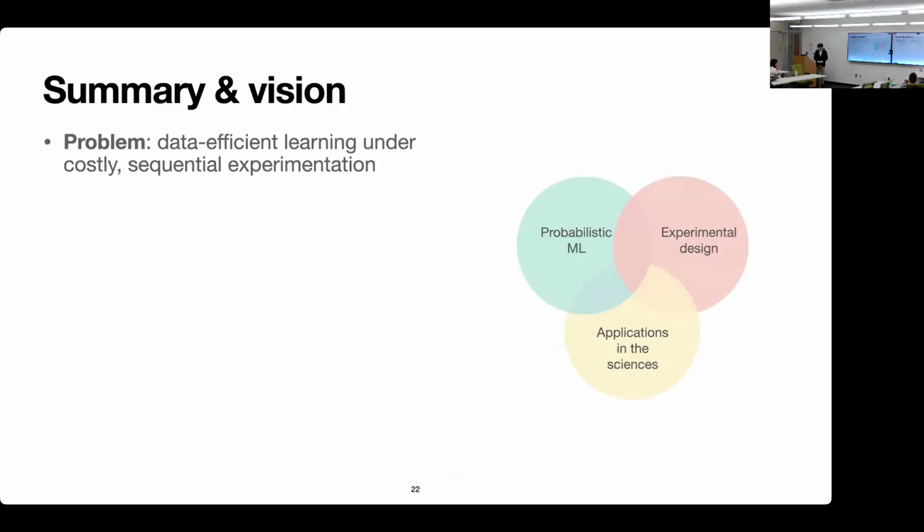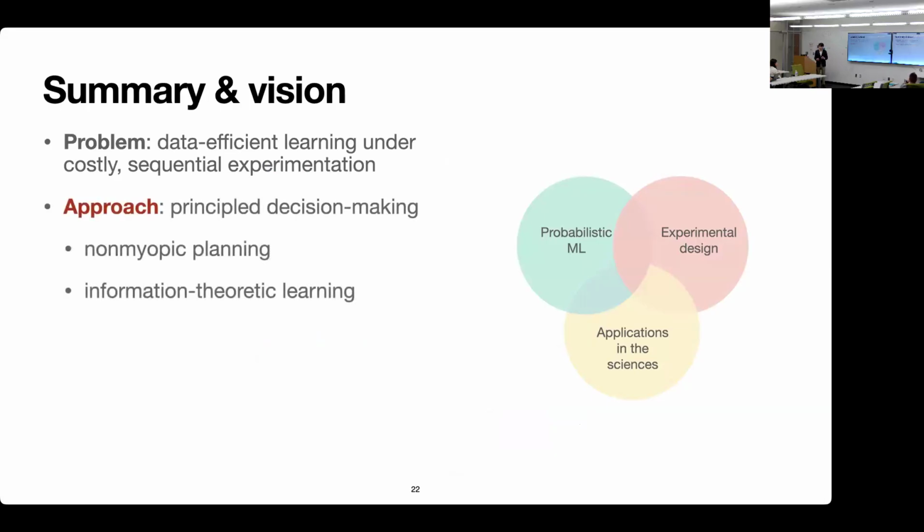All right, to finally wrap up my talk, I realized I'm a little bit out of time. In my research, I care about tackling data efficient learning, where the cost of performing an experiment is very high. So we need to be as efficient about the labels that we collect as possible.